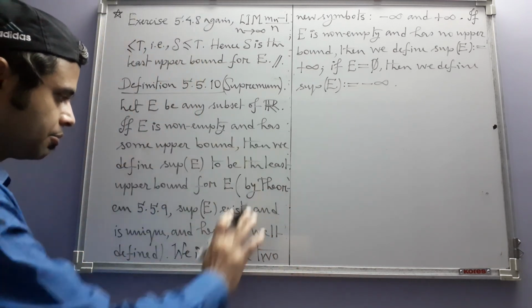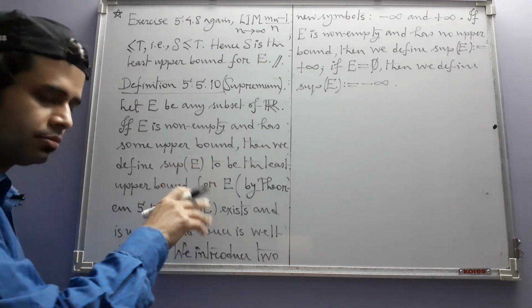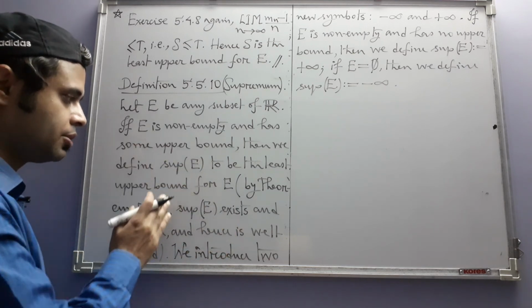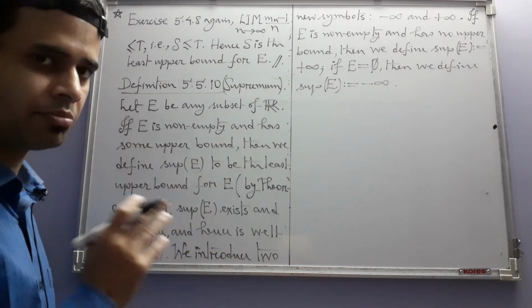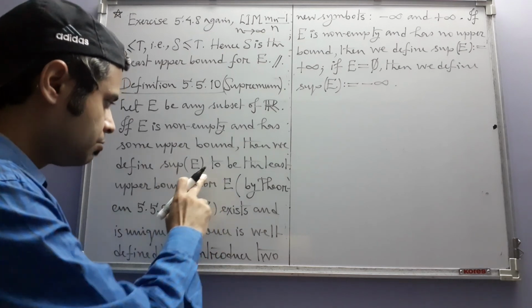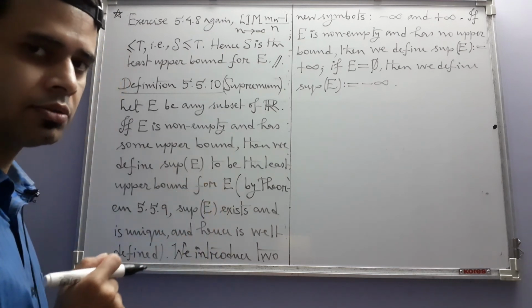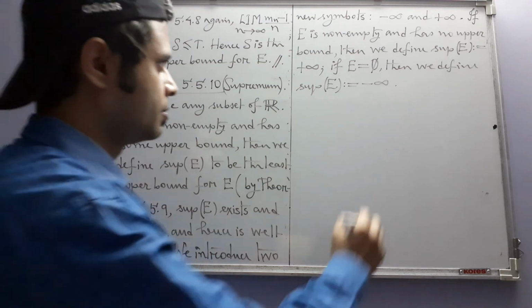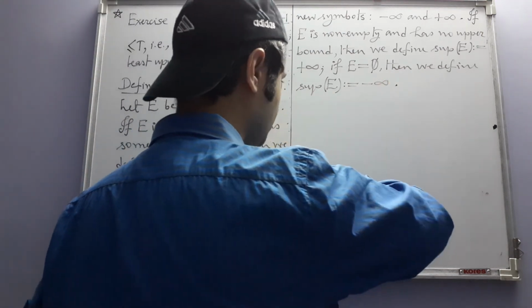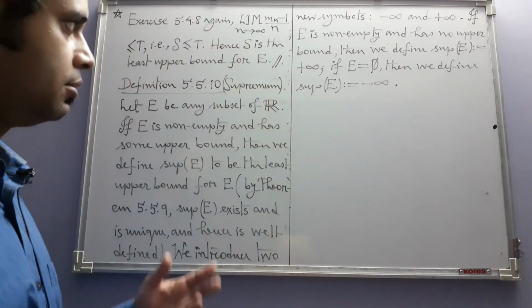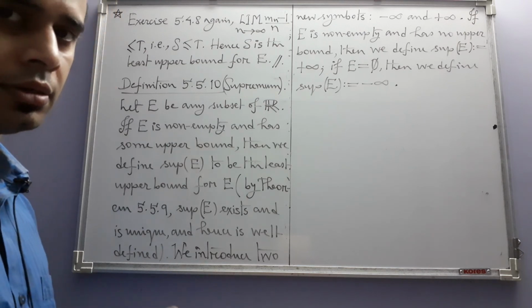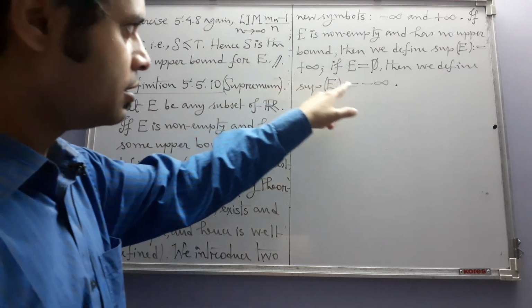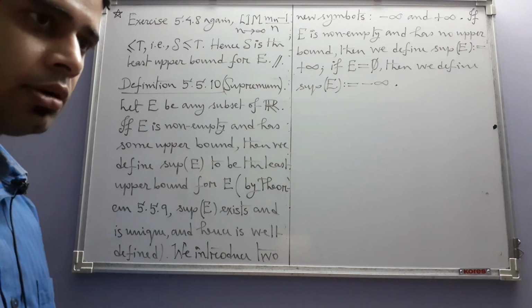However, in the other possible case where E is non-empty as well as it has an upper bound, then by sup E we mean the least upper bound for E. So, as we have already remarked, when we define the extended real number system, these symbols are actually elements.